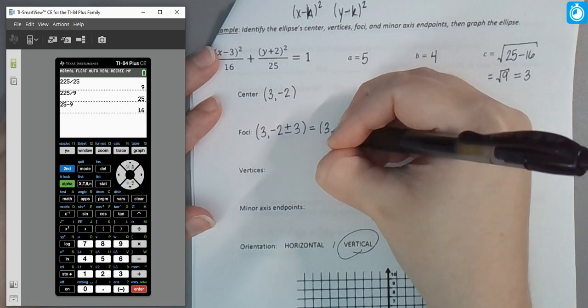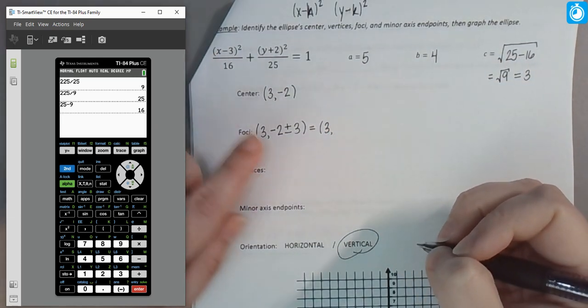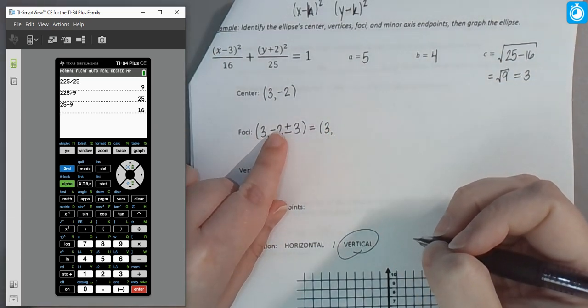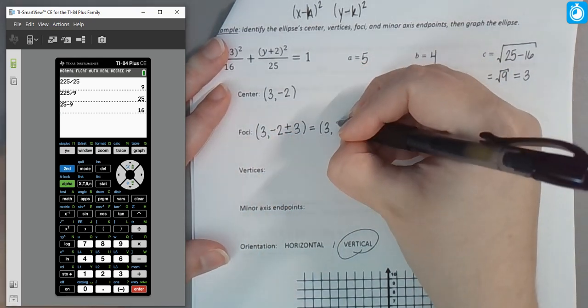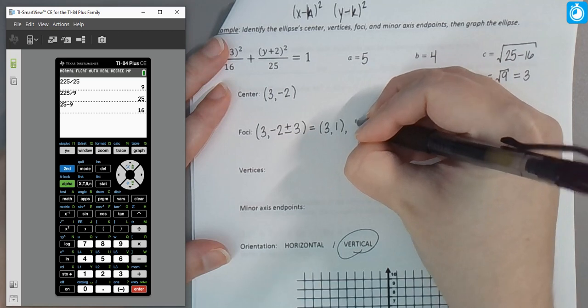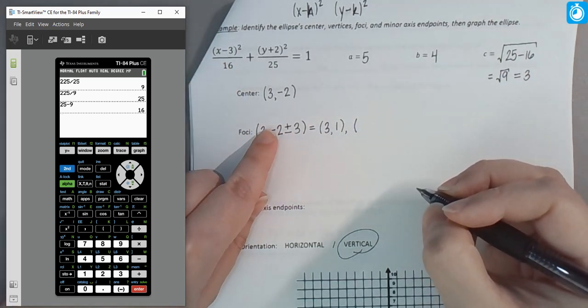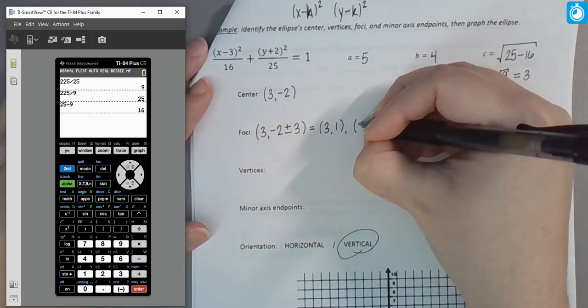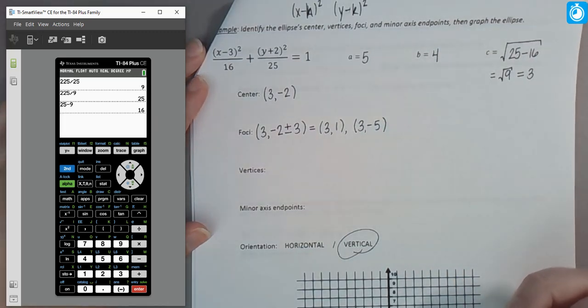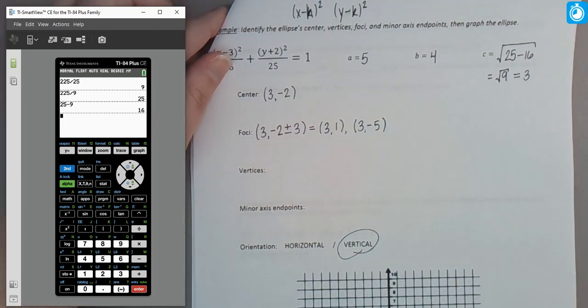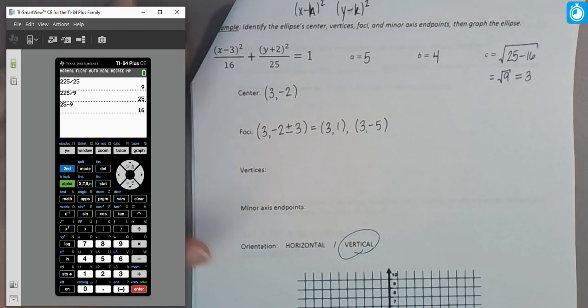So notice they're both going to have an x-coordinate of 3, and then one y-coordinate is going to be −2 plus 3, which is going to be +1, and then one y-coordinate is going to be −2 minus 3, which will be −5. And so those are going to be our foci. And then we're going to leave those off the graph, just focus on the vertices and then the minor axis endpoints.